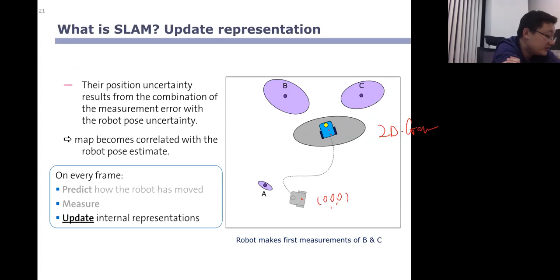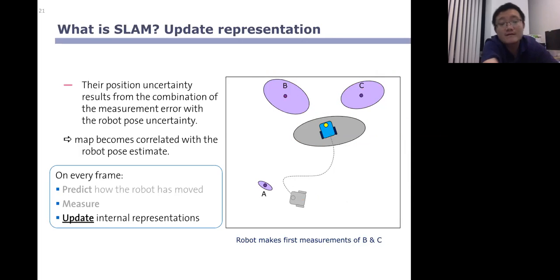For B and C, you see the uncertainty also grows along the observation direction, but the radius of this uncertainty grows significantly due to the uncertainty of the robot. Okay, this is clear.